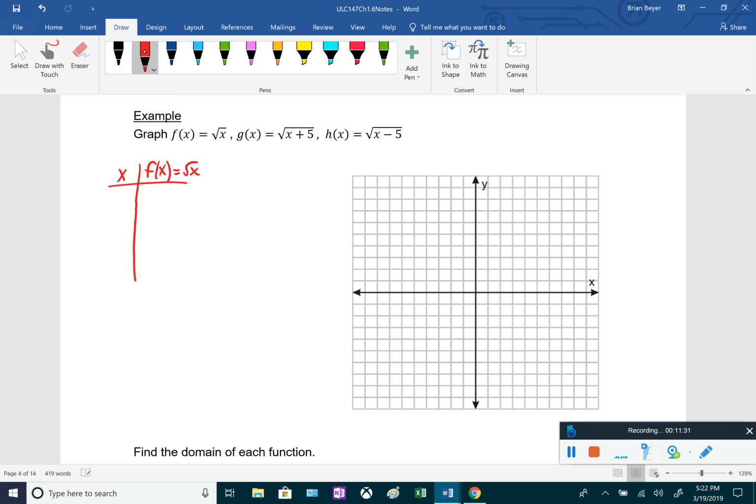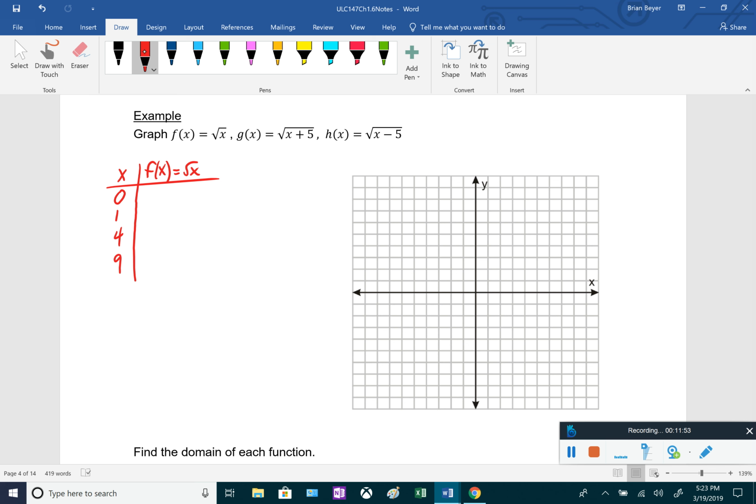For the x values that I use, I like to use 0, 1, 4, and 9. The reason is that for the square root of x, we can't plug in any negative values. And the reason why I pick these other numbers is because they're perfect squares.